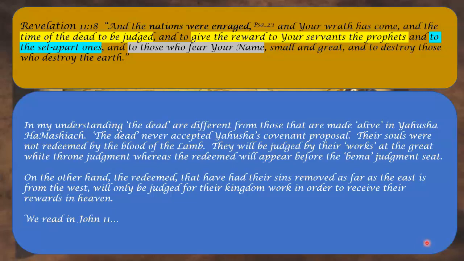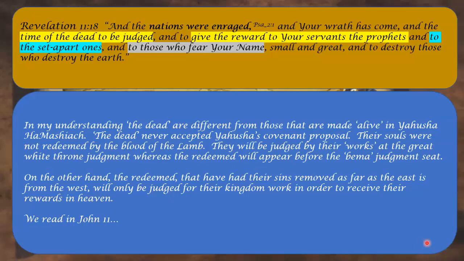But the dead never accepted Yahusha's covenant proposal. Their souls were not redeemed by the blood of the Lamb. They will be judged by their works at the great white throne judgment, whereas the redeemed will appear before the Bema seat judgment. Okay, so this judgment scene is being seen in Daniel chapter 7, but it's the same judgment scene that John the Revelator is seeing.